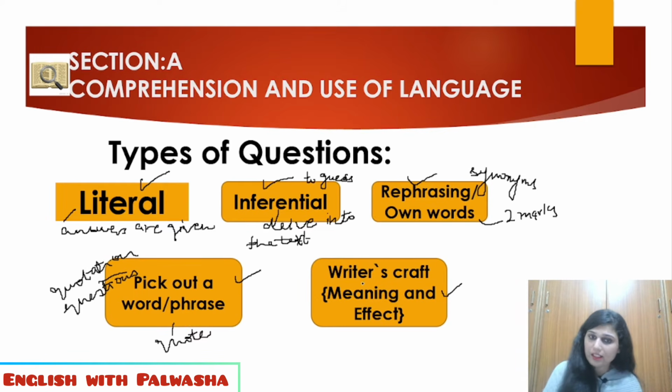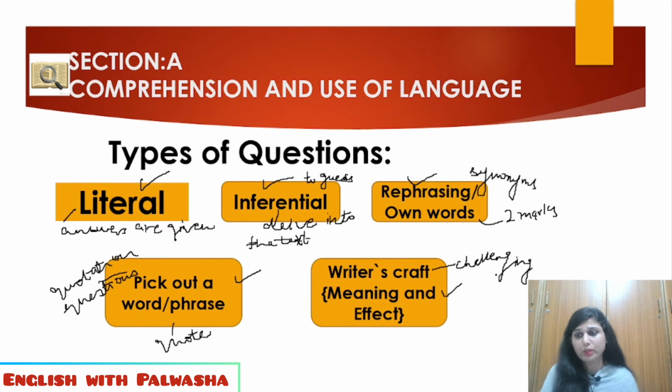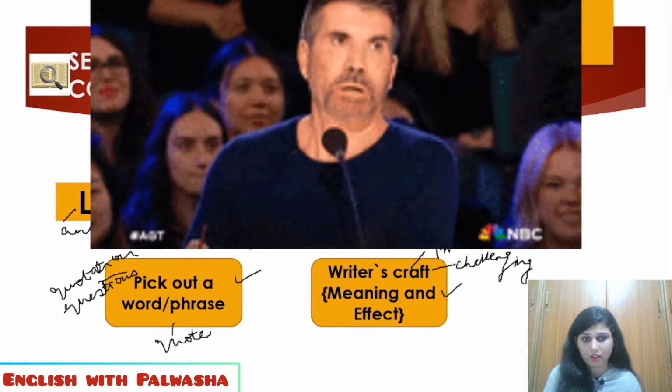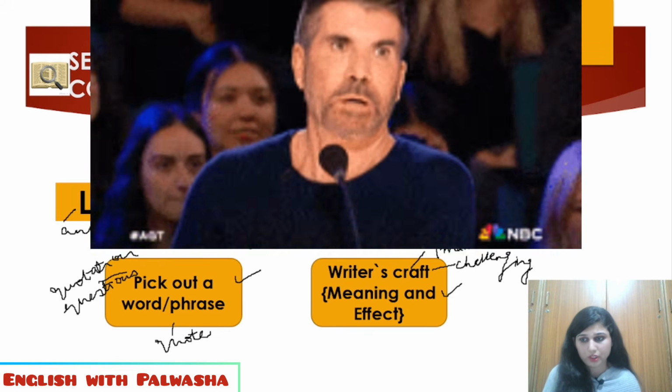Then comes the last and the most significant part, the most challenging, I must say. I need to write it here that this is the most challenging part, so let me take you deep into it and take this part seriously. In the previous paper pattern, it was 4 marks, right? And now the examiner has increased it to how many marks? 9 marks.